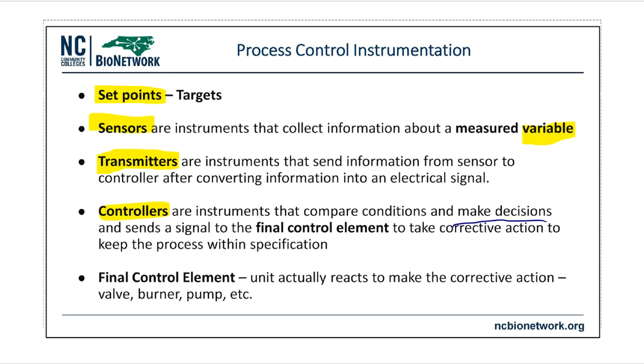So controllers are instruments that compare conditions, make decisions, and send a signal to the final control element. We're going to talk about that in just a second, but this controller is going to have a built-in system in place where it says, hey buddy, the temperature is way over this amount. Please do something about it. And that controller will say, okay, yeah, I'll get right to work. Thank you for letting me know, transmitter and sensor.